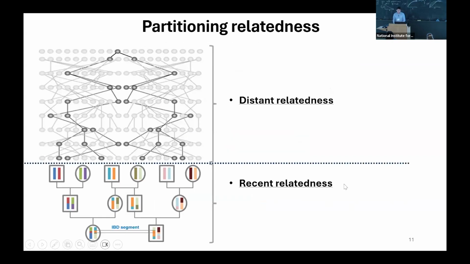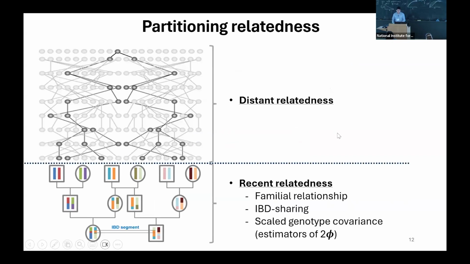And this is sometimes partitioned into recent relatedness and distant relatedness, where recent relatedness basically refers to familial relationships measured through IBD sharing, or through scaled genotype covariances, such as the genetic relationship matrices. And distant relatedness refers to shared ancestry measured through principal components analysis.